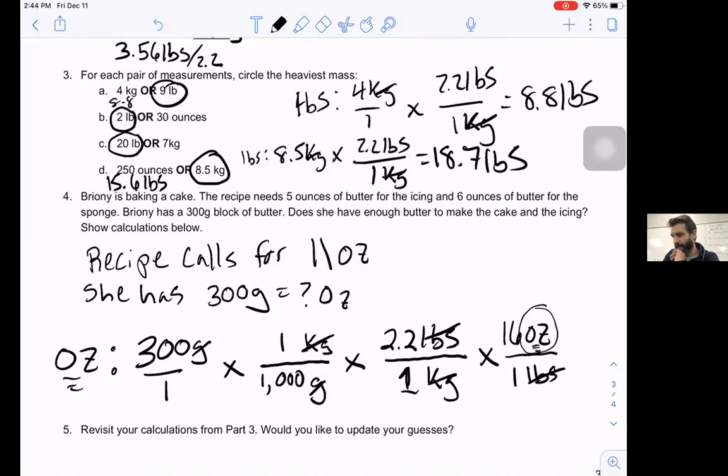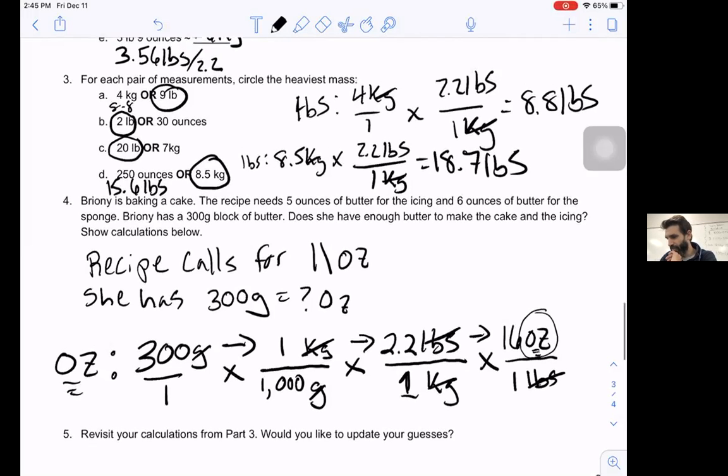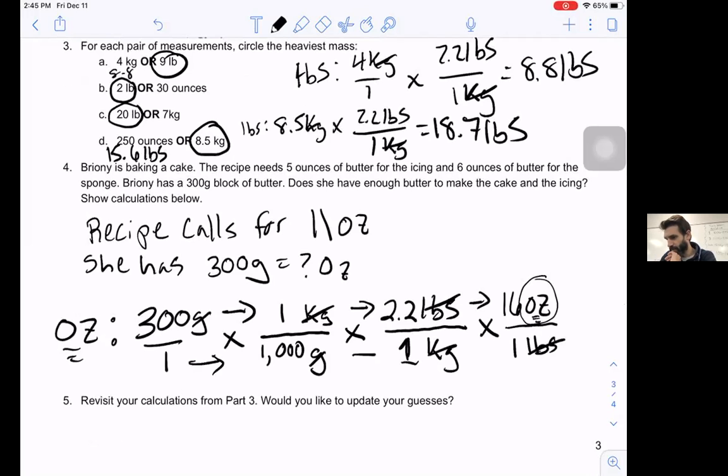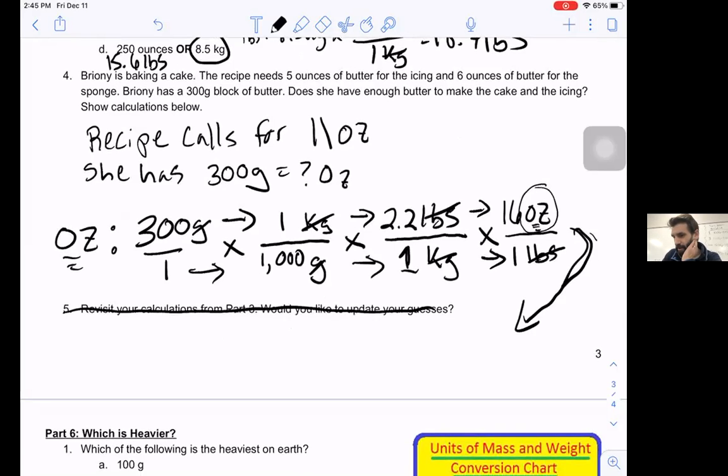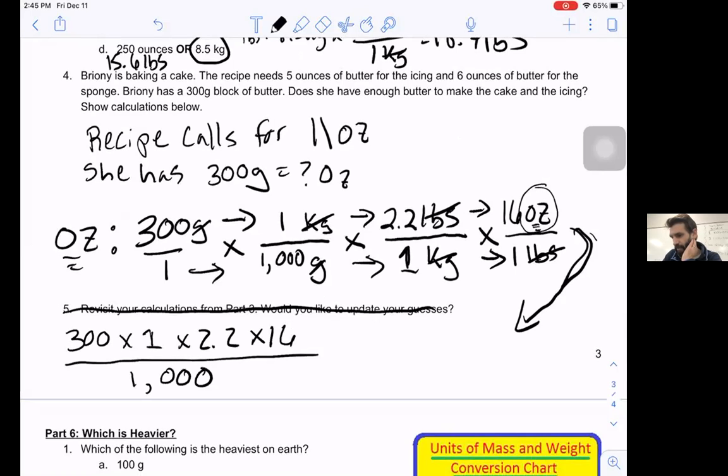So now I have 300 times 1 times 2.2 times 16 divided by 1,000, right? 1 times 1,000 times 1 times 1. Let's cross this and put this down here. So I end up having 300 times 1 times 2.2 times 16 all over 1,000.